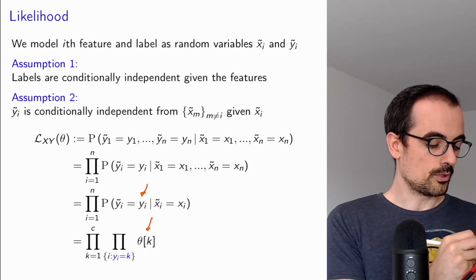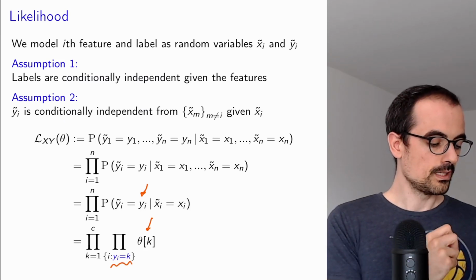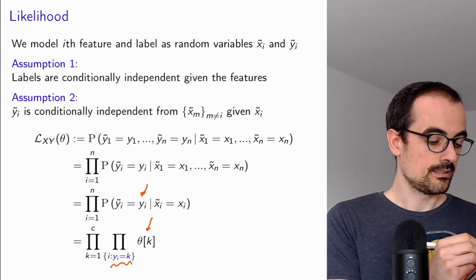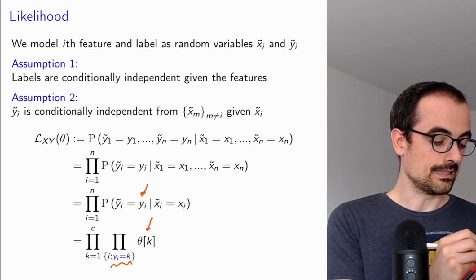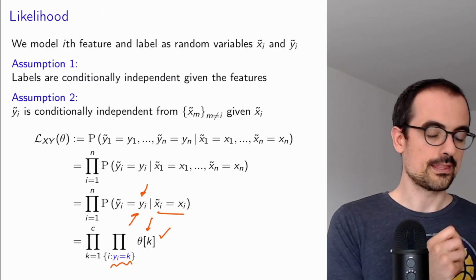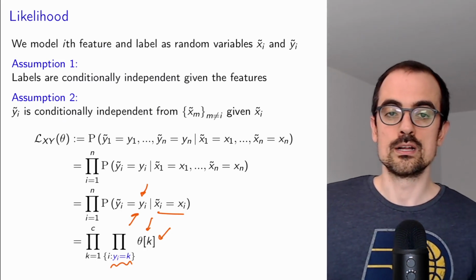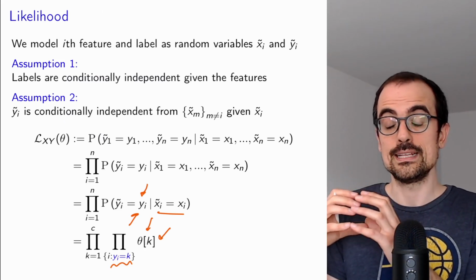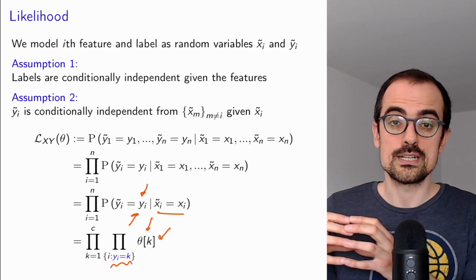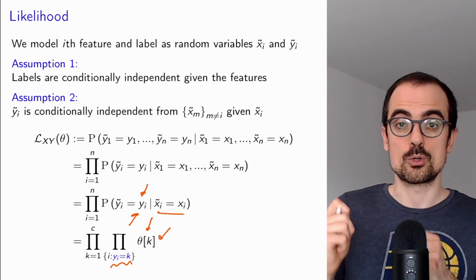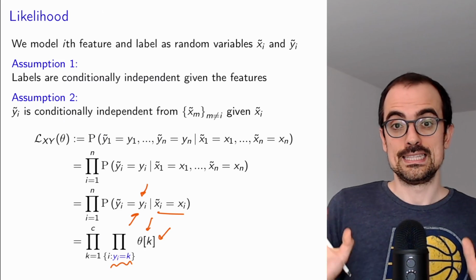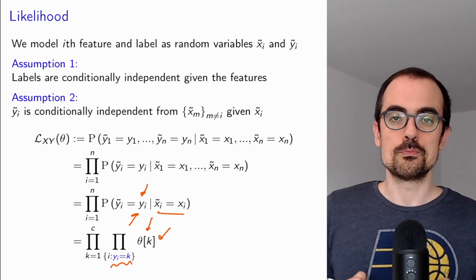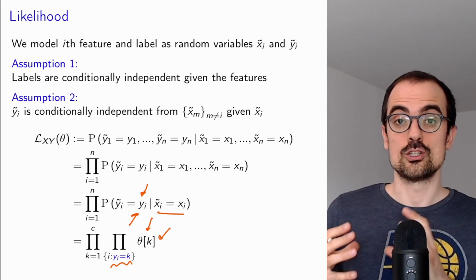So for the data points where the true label here is K, then the probability of seeing that label given the feature is going to be theta K. Because again, we're assuming that we're only considering the data within one region, and within that region, we assign a constant probability to each class. The question is, which is the best constant probability that enables us to optimize the likelihood of this observed data?